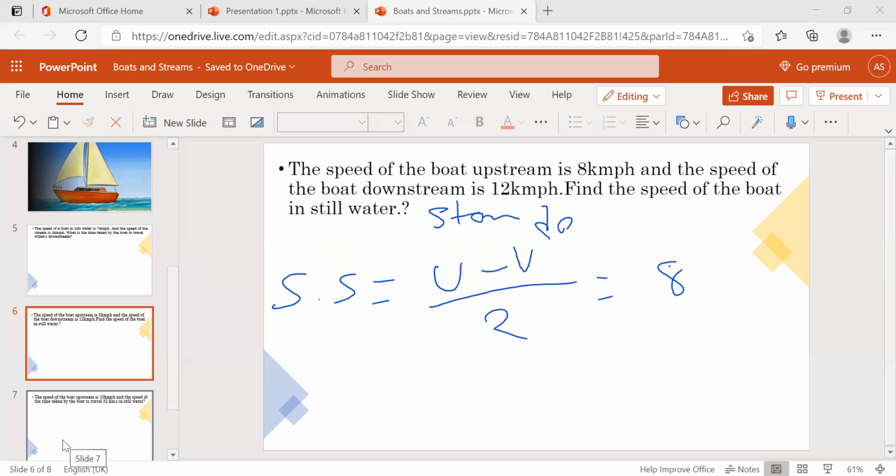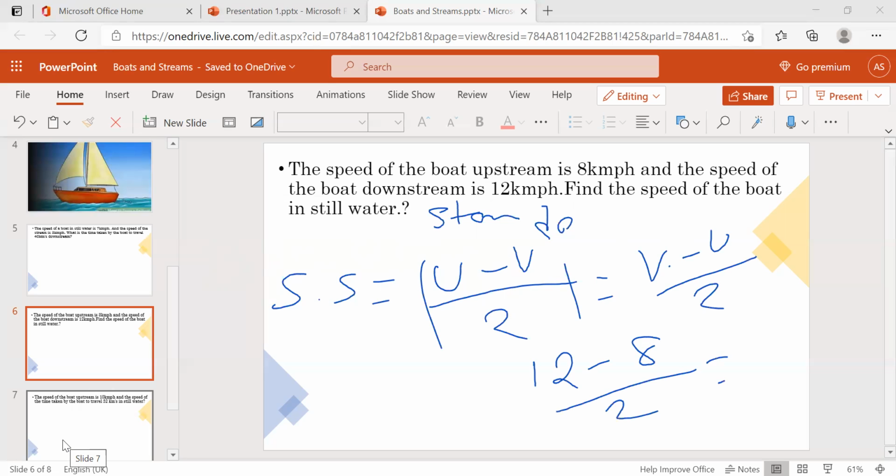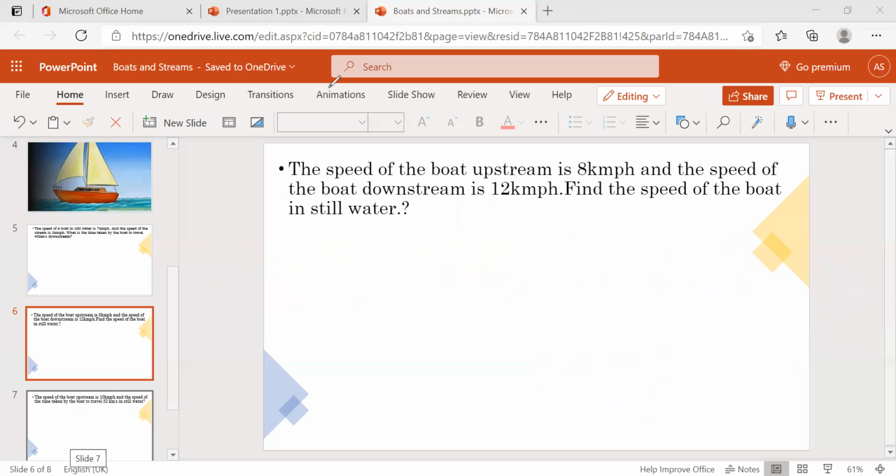Sorry, it is the reverse. Otherwise the speed would come out negative. So consider v minus u by 2. The downstream minus 8, by 2, is 4 by 2, which is nothing but 2 kilometers per hour. Is it clear? Now we'll move to the next question.